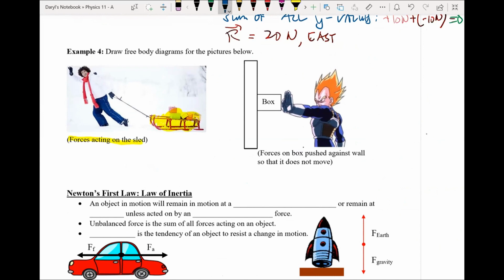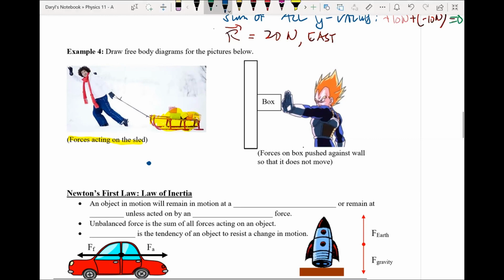Again, you can represent a particular object with just a dot. So I'm going to do that there, a dot. If I'll be writing forces acting on this one, let's take into account the friction between the ice and the sled.